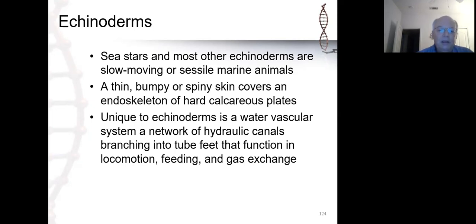So it is a contraction of muscles surrounding a little bulb on the top of the feet called the ampulla that forces water into the tubes, which forces the flat surface on the bottom of the foot to press down on the substratum that it is trying to walk on.